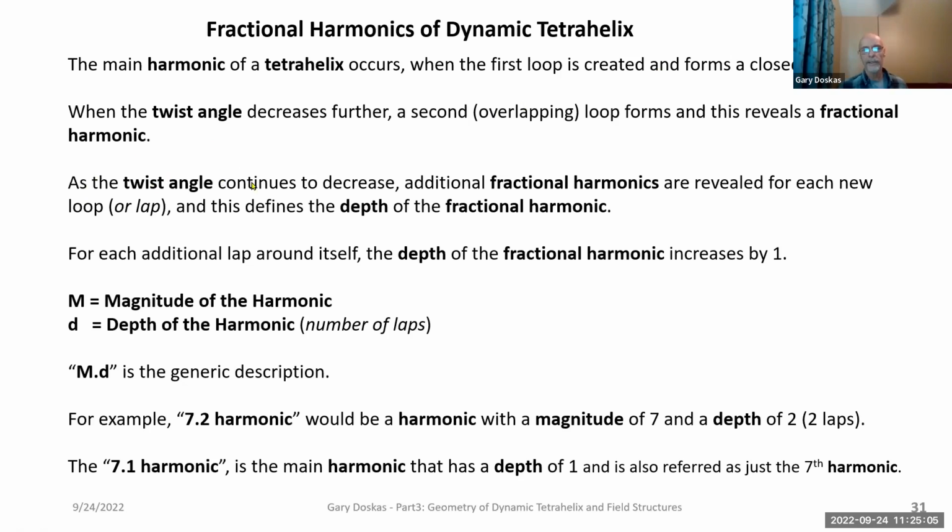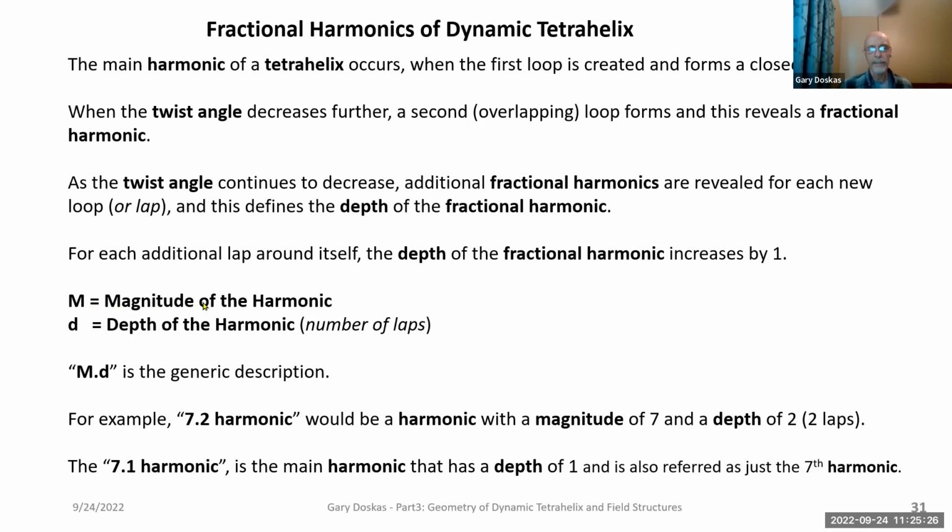And as the twist angle continues to decrease, additional fractional harmonics are revealed for each new loop or each new lap, and this defines the depth of the fractional harmonic. With each additional lap around itself, the depth of the fractional harmonic increases by 1.